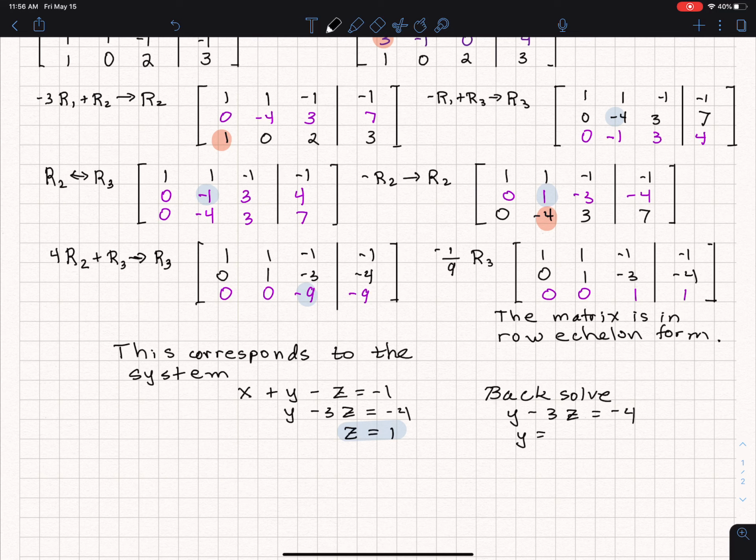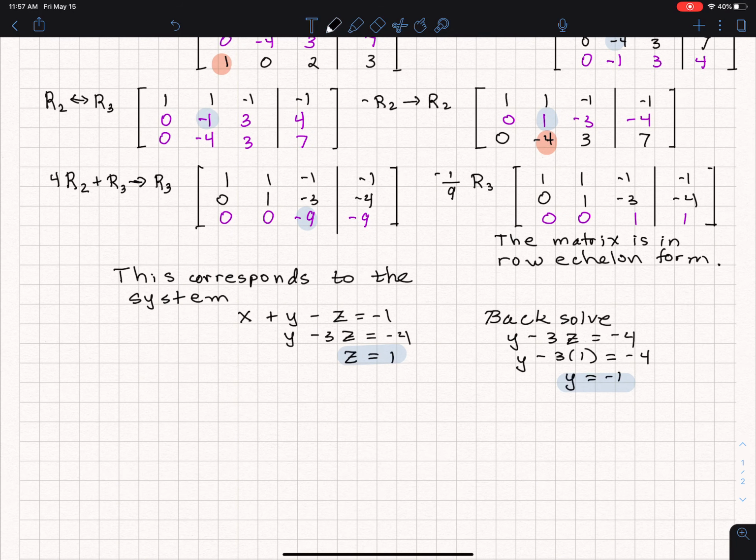And then we replace z by 1, and that results with y equals negative 1. So we got that coordinate. And then we continue, and we'll back solve again.